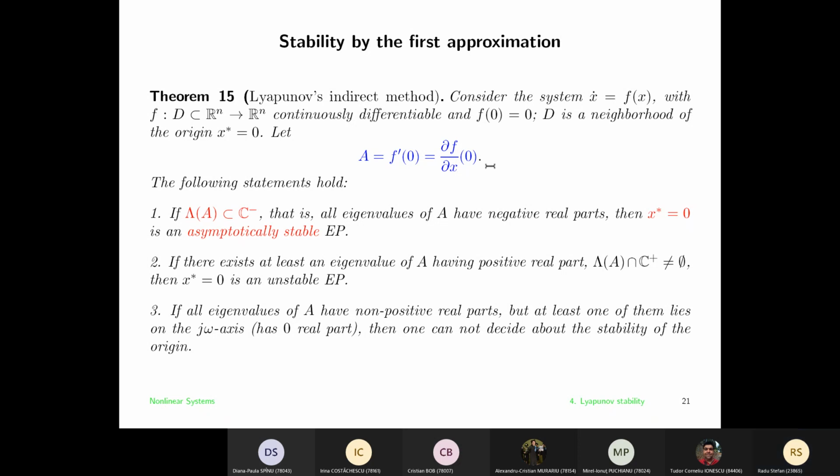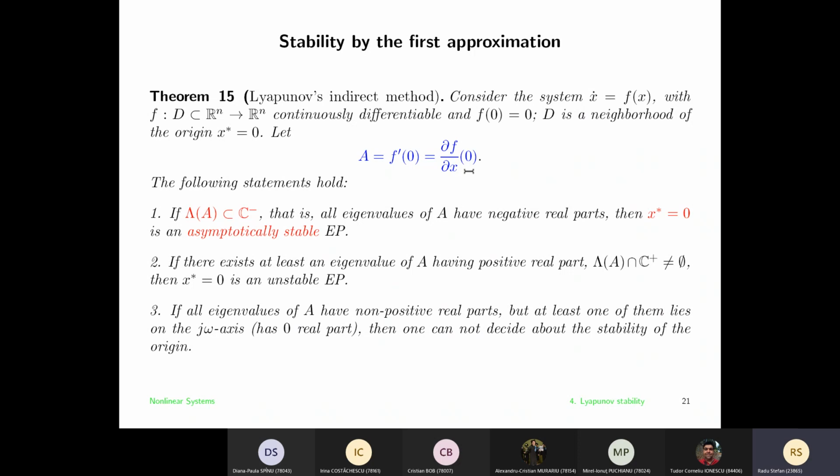We just rely, in deciding about the stability of the origin, on looking at the Jacobian matrix associated to the vector field F. So A is simply the Jacobian matrix of the vector field F calculated at the origin.